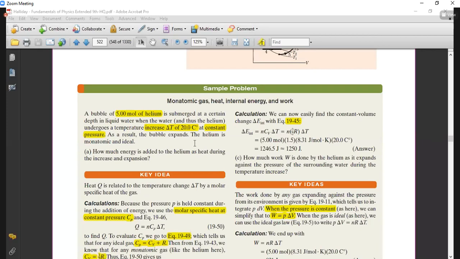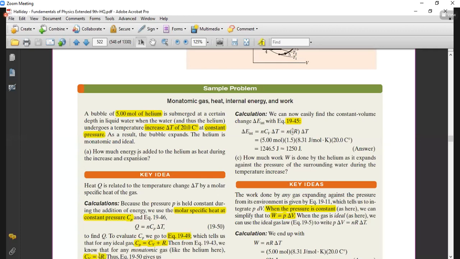The helium is a monoatomic ideal gas. These are the conditions that he has given us. So how much energy is added to the helium as heat during the increase and the expansion?